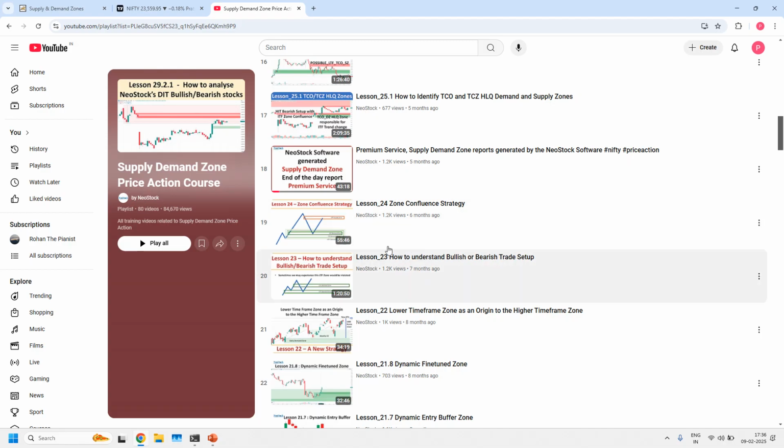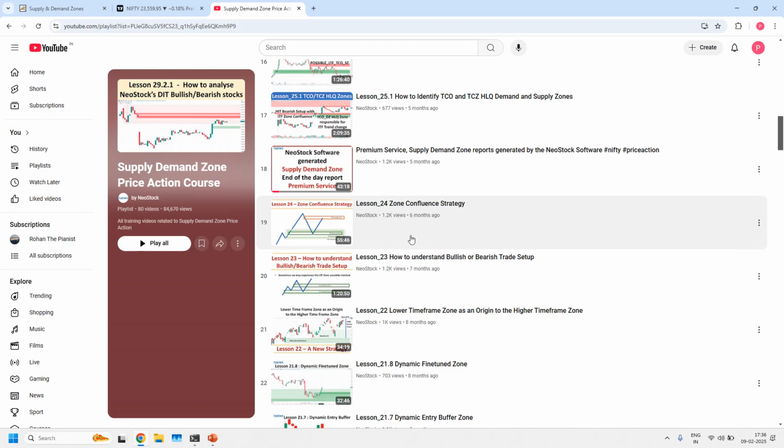By combining lesson 23 and lesson 24 concepts, we defined advanced strategies for bullish and bearish trade setups for finding high probability bullish and bearish trade setup zones. The zones that might have a higher success rate compared to the other zones in bullish and bearish trade setup. Those concepts I explained by combining both these lesson 23 and 24 concepts.